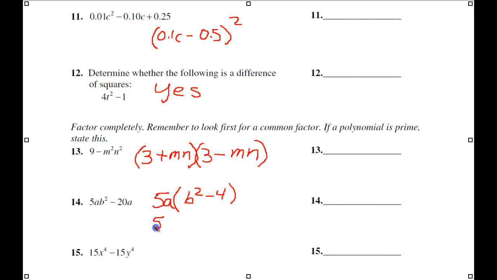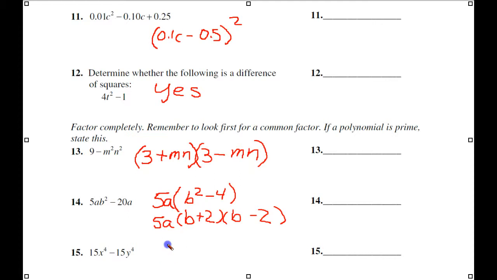So we put the 5a and then 2 sets of parentheses for our conjugates. b plus 2, b minus 2. Once you recognize you have the difference of perfect squares, factor it into its conjugates.